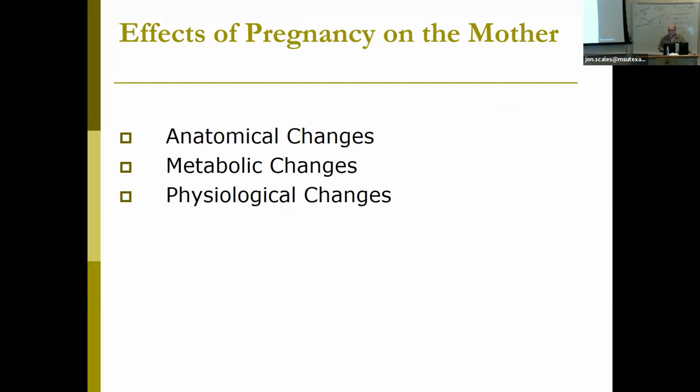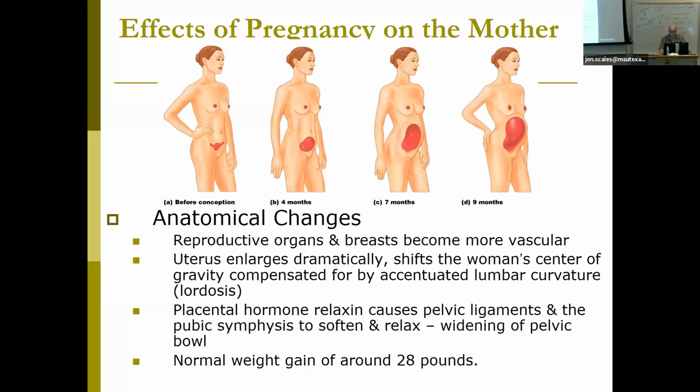You have extra oxygen demand, extra nutrient demand, extra waste removal demand as a consequence of the fetal development. So obviously the uterus is going to need to expand. It does it both by being able to stretch, but also by cellular proliferation in the myometrium and the epithelial layers of the uterus. So it enlarges quite a bit.